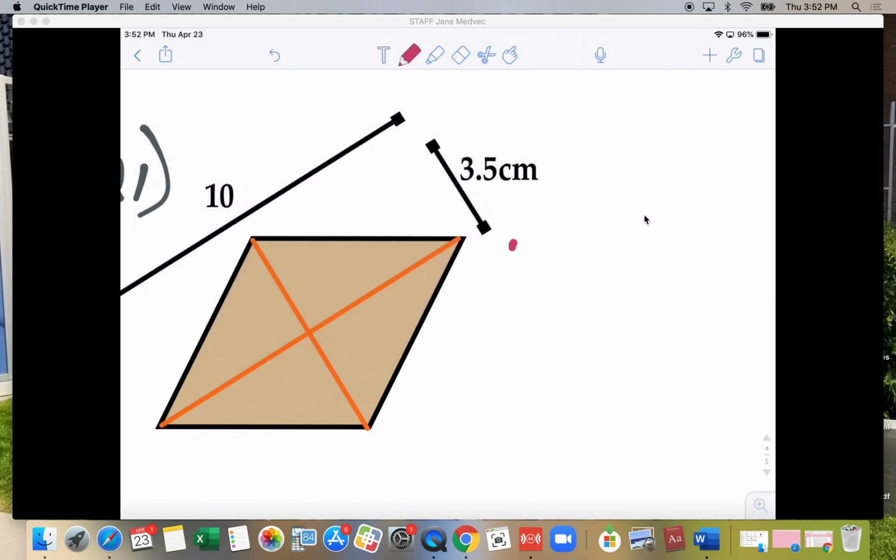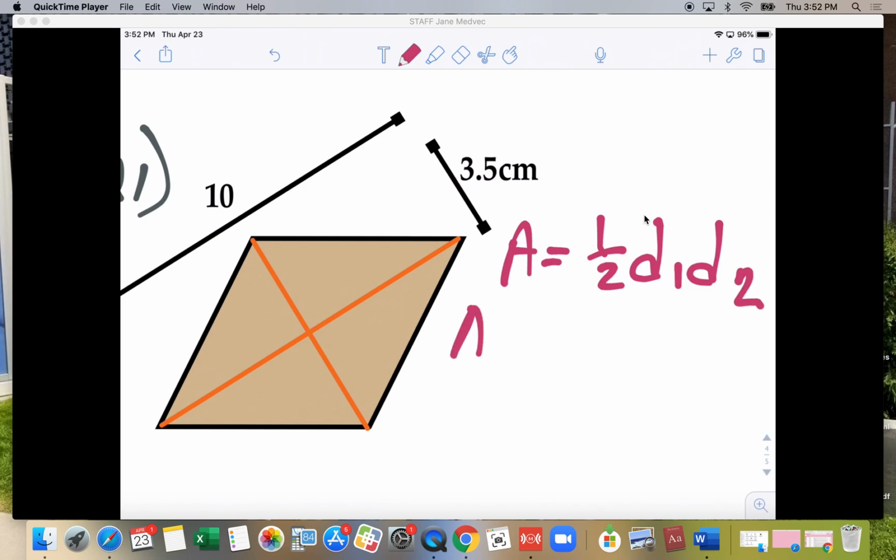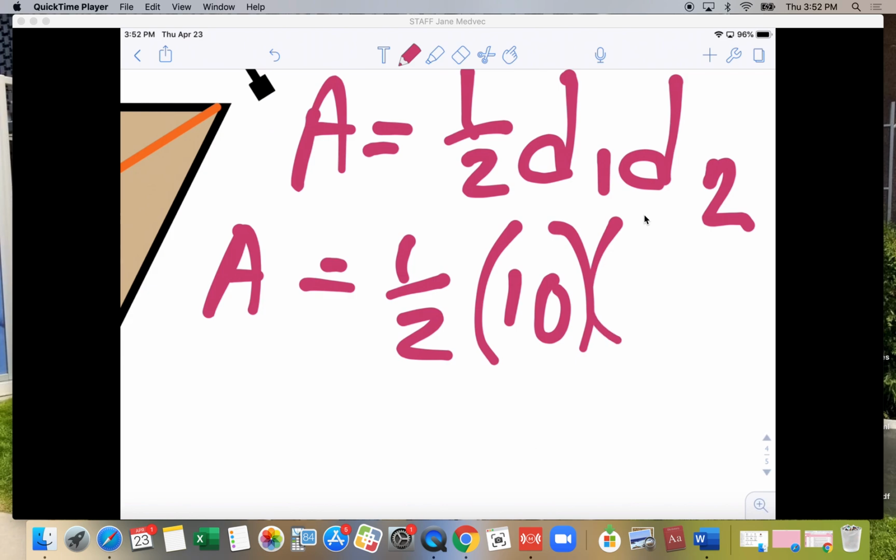Again, my area formula, A equals 1/2 D1 times D2. Area gives me 1/2. One of my diagonals is 10. They gave that to me. And for the other one, you're going to notice they gave me half of it. This is 3.5, and the other would be double it, so 3.5 plus 3.5.